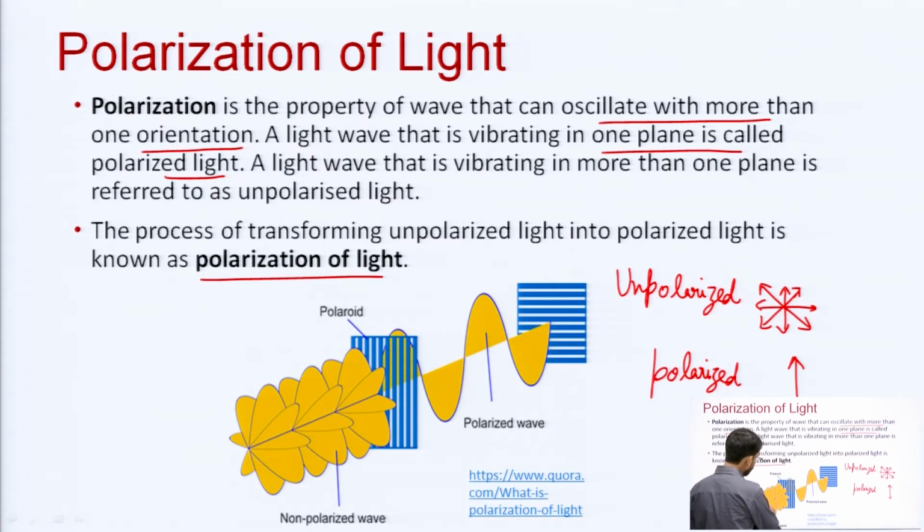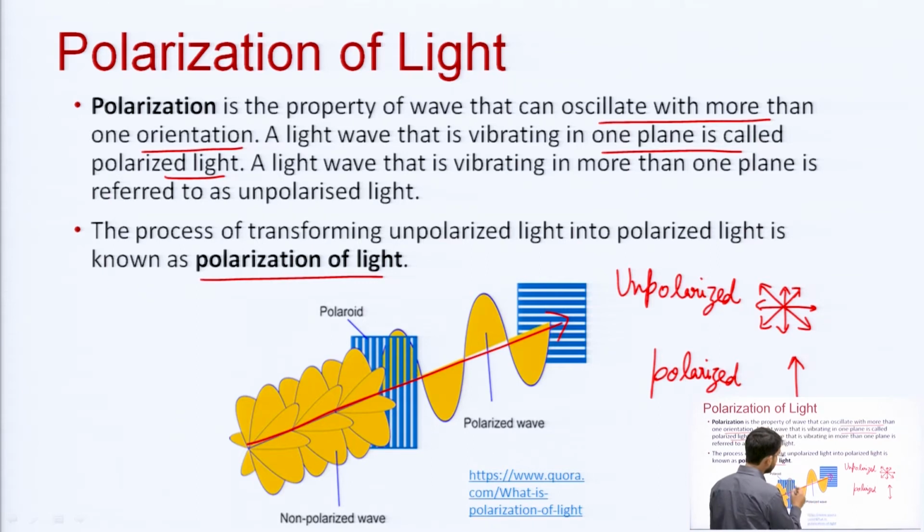This is a non-polarized light, light is travelling in this direction, okay, and the vector is vibrating in all the directions. This is a Polaroid. What is a Polaroid? A Polaroid is a substance that can stop the vibrations of all the planes and it will allow the vibrations of a single plane to pass. So, when light passes through this Polaroid, only the vibrations in this perpendicular direction will pass.